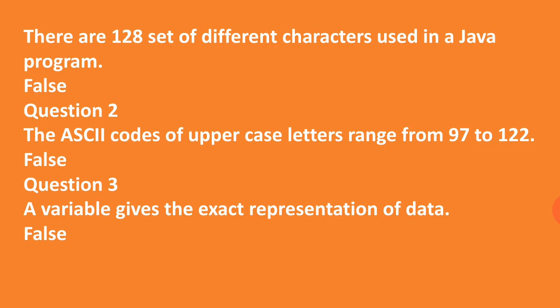Now question number 2: the ASCII codes of uppercase letters range from 97 to 122. This is also false. First, you have to understand what ASCII is. The full form of ASCII is American Standard Code for Information Interchange, right?